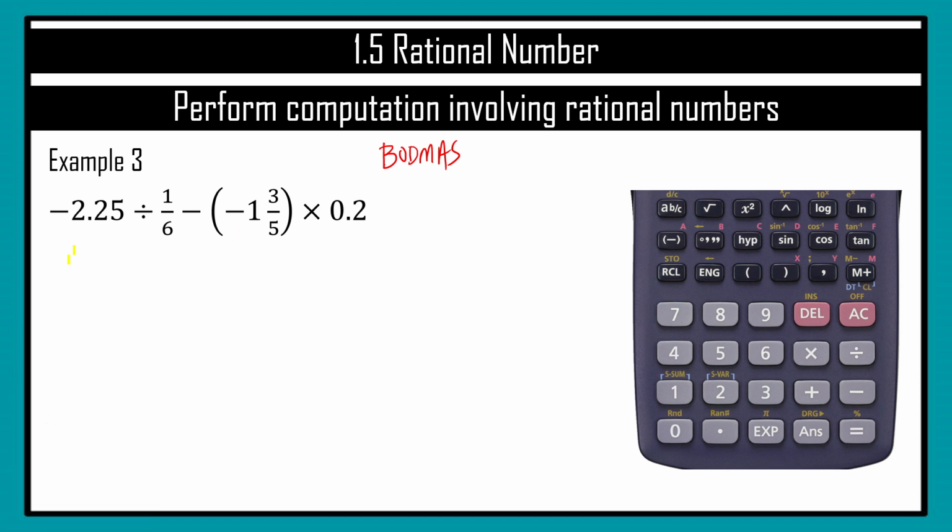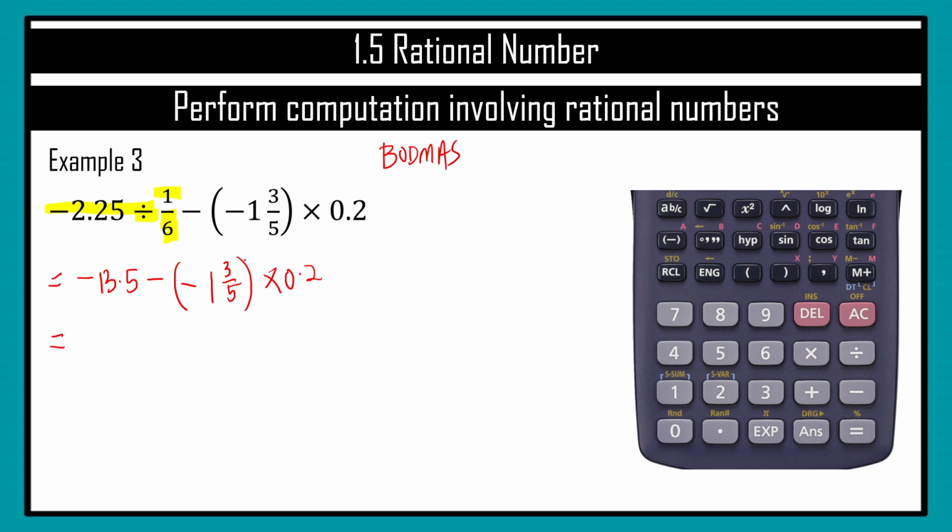The first one that I come across is divide, so I'm going to do this one first. Negative 2.25 divide with 1 over 6. You're going to get negative 13.5, and then minus, you're going to copy that one down first.